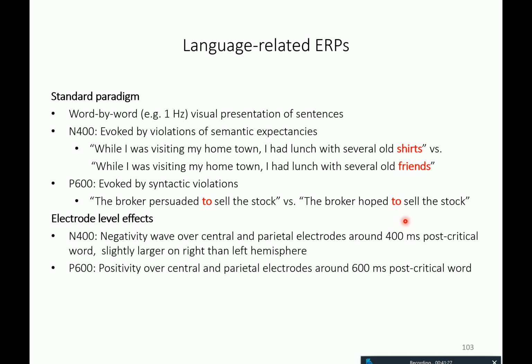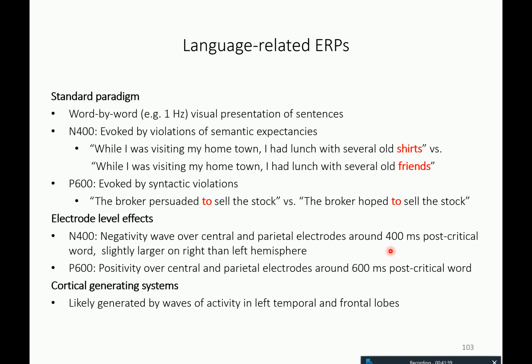But I'm not very good with this whole lateralization of brain activity. And the P600 is a positivity, obviously 600 milliseconds post critical word. Yeah, and the generating systems being activity in left temporal and frontal lobes, so again relating to auditory cortices and the language centers like Broca and Wernicke.